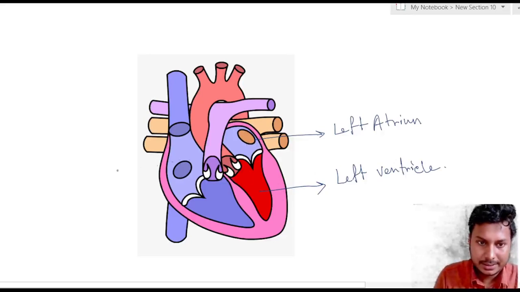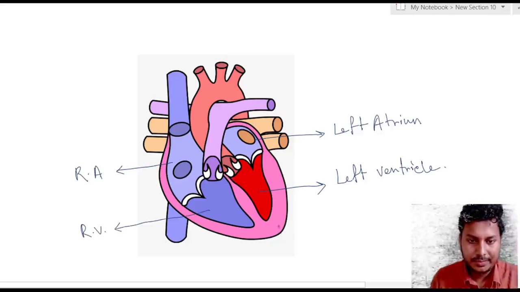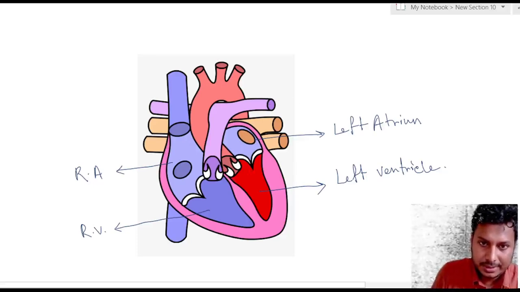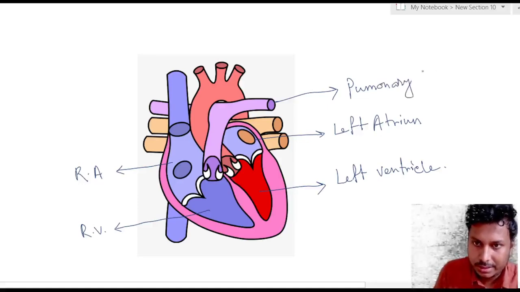Similarly, this is the right atrium, the right ventricle. And this is the pulmonary artery.